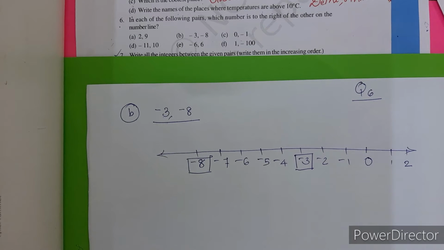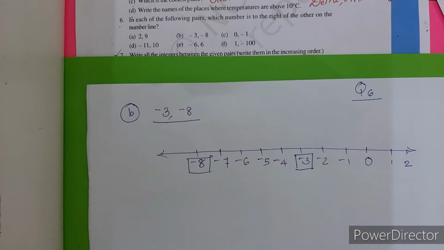Here we can see minus 3 and here minus 8. The question says which number is right to the other. You know that the bigger number is right to the smaller number. That rule is applied in this question.